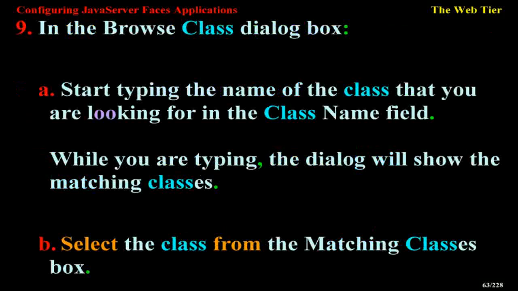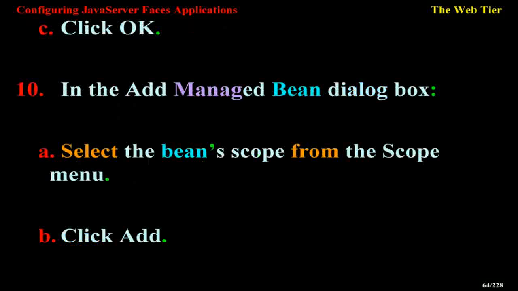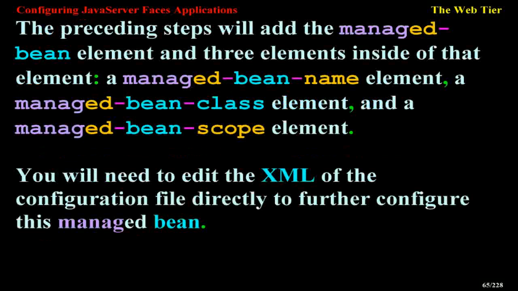While you are typing, the dialog will show the matching classes. Select the class from the Matching Classes box. Click OK. In the Add Managed Bean dialog box, select the bean scope from the Scope menu. Click Add. The preceding steps will add the managed bean element and 3 elements inside of that element: a managed bean name element, a managed bean class element, and a managed bean scope element.